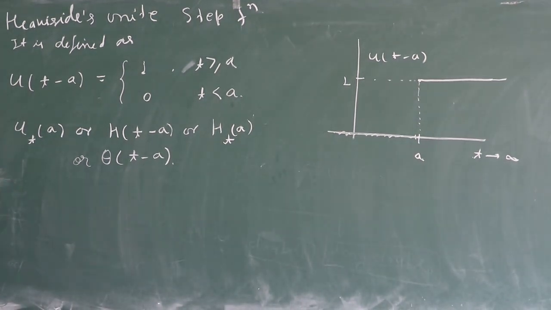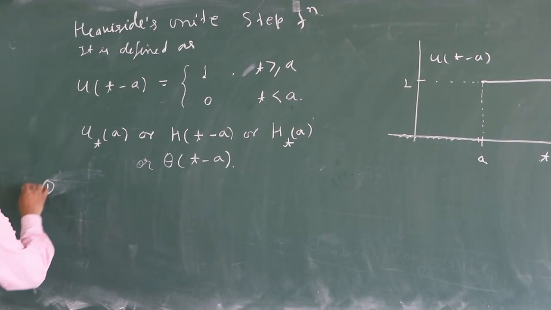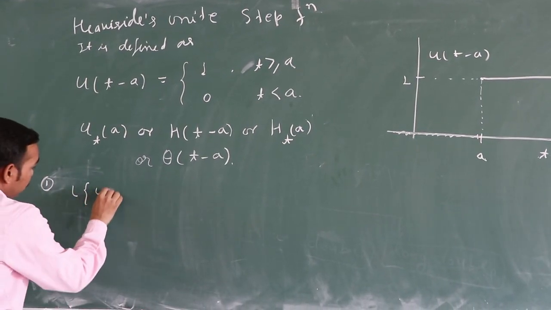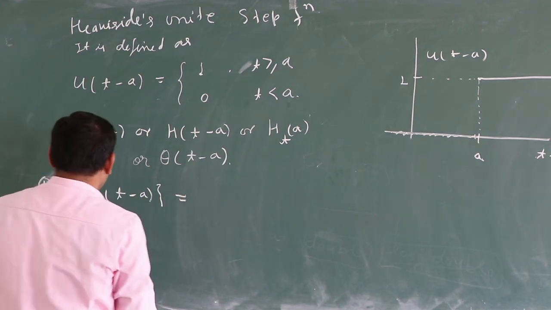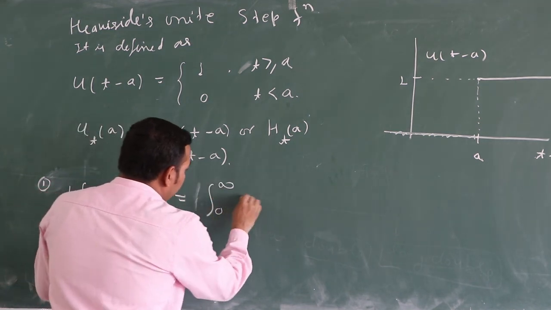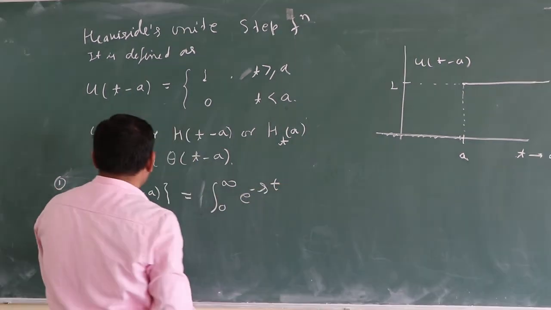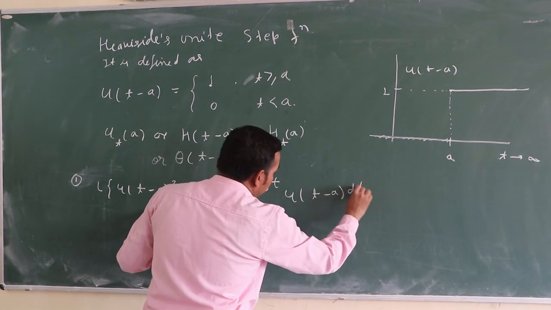We want to find the Laplace transform of this function. So Laplace of u(t minus a) equals the integral from 0 to infinity of e to the power minus st times u(t minus a) dt.